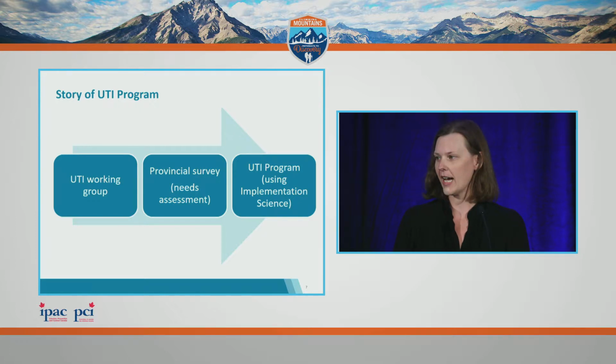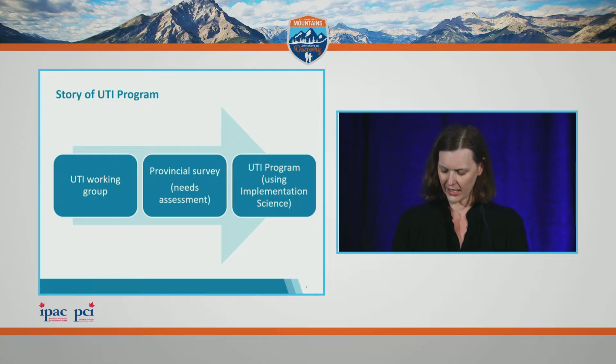So in brief, we had a number of inquiries. We had discussions with stakeholders that suggested that overuse of antibiotics for presumed UTIs was a really important area for us to focus on. We developed an innovation project that focused on this topic, and this supported a really comprehensive needs assessment that involved a survey to 380 staff in long-term care homes that had a role in assessment and management of UTIs.